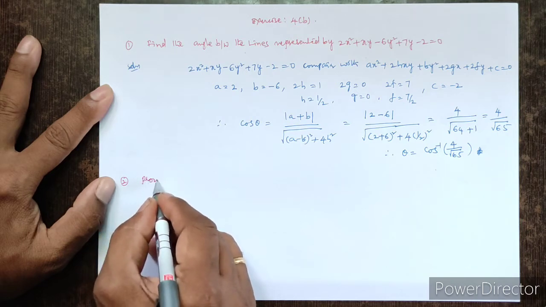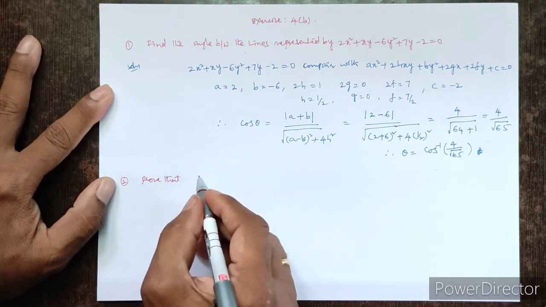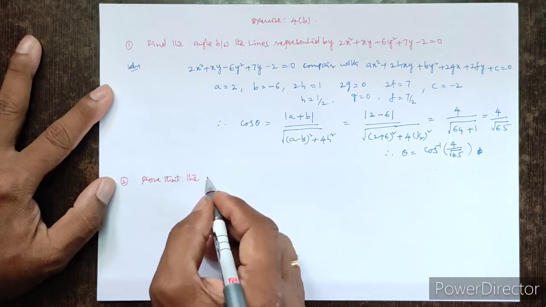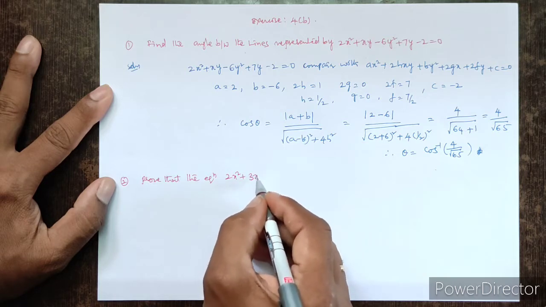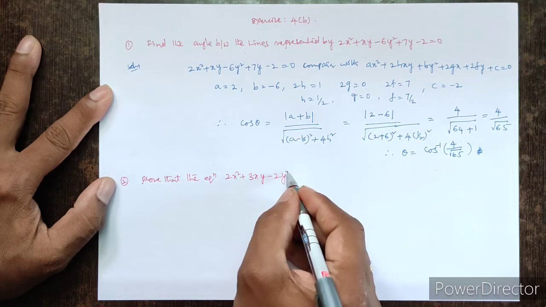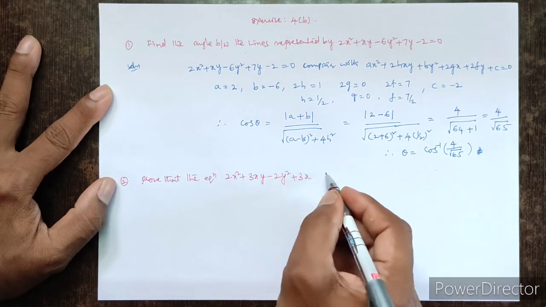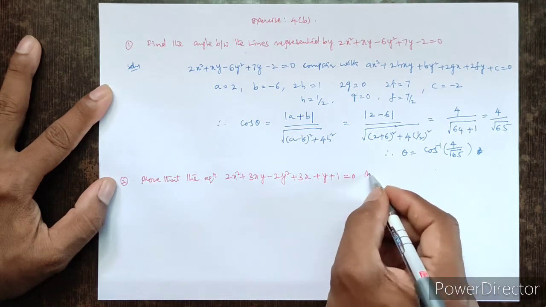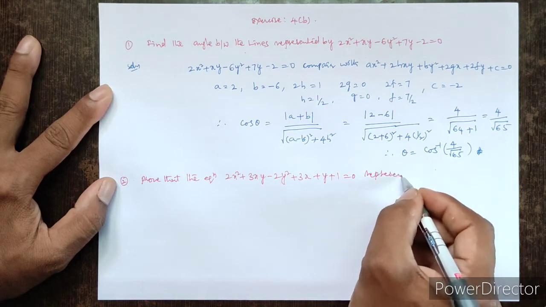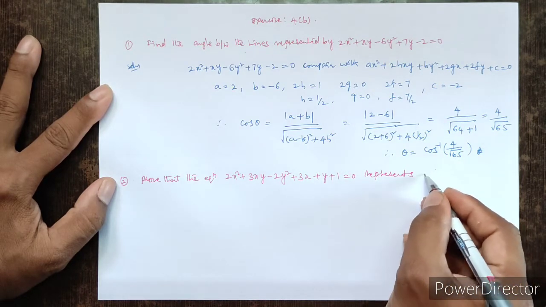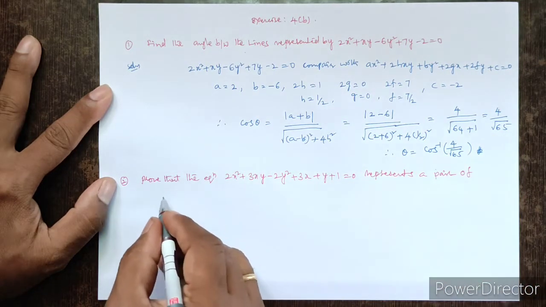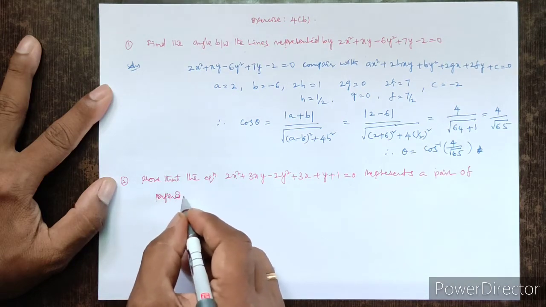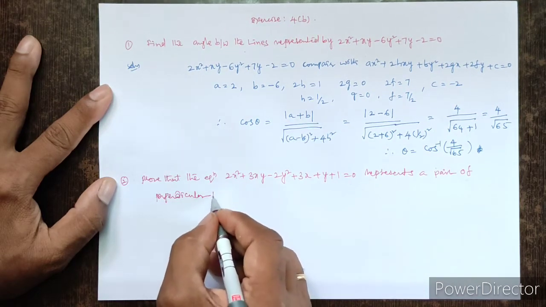Prove that the equation 2x square plus 3xy minus 2y square plus 3x plus y plus 1 equal to 0 represents a pair of perpendicular lines.